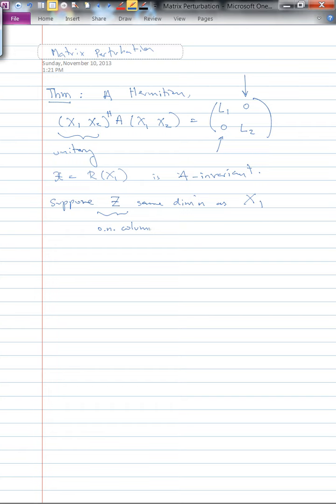What can I say about the range of Z compared to the range of X1? How close are these two subspaces? So the general question I want to ask is how close is the range of Z to the range of X1? But we'll answer this in a little bit more detailed way.